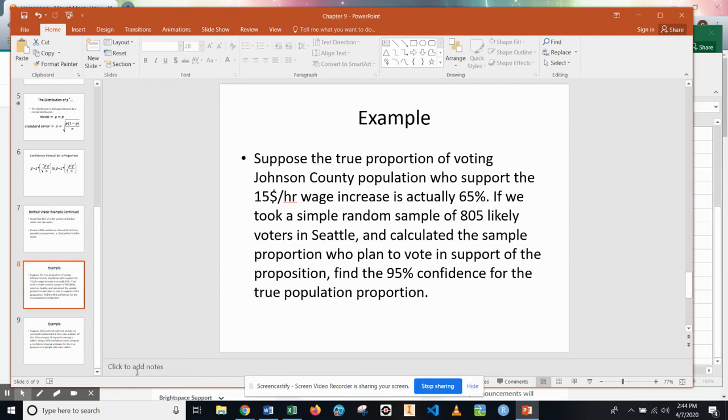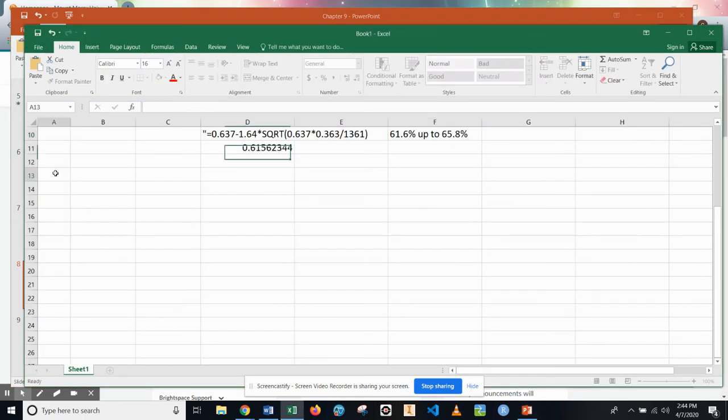So we have some values. Let's do this as number 2. We had a P of 65%, so 0.65. 1 minus P would be 0.35, I did it on a calculator or in your head. N was 805.